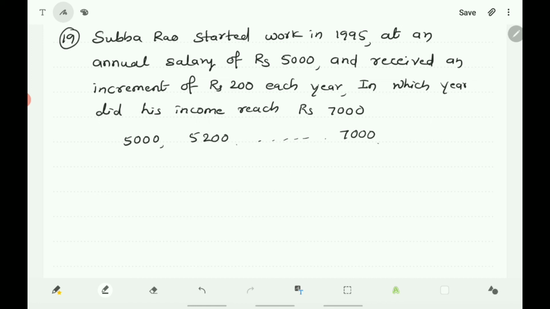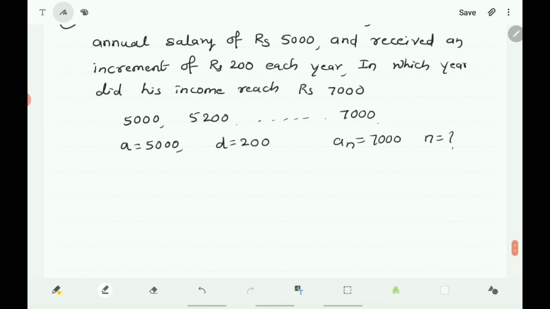So here the first income becomes the first term, that is 5,000, and the increment is 200, so that is D, that is 5,200 minus 5,000. Let us consider that in the nth year his income reaches 7,000, so AN is equal to 7,000, and in which year means N equals question mark.